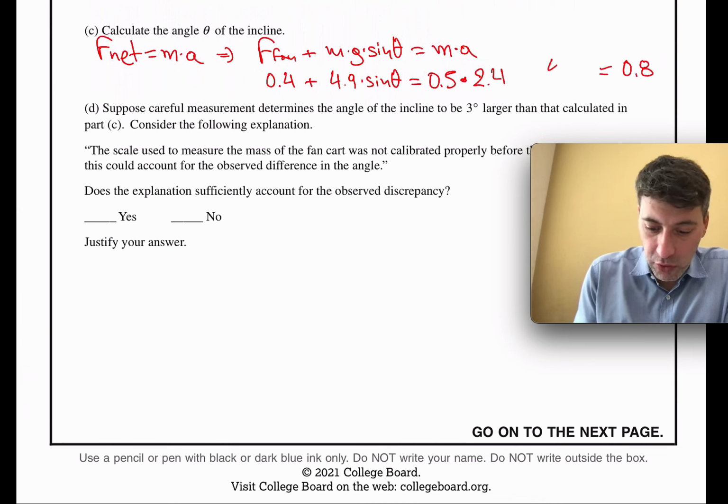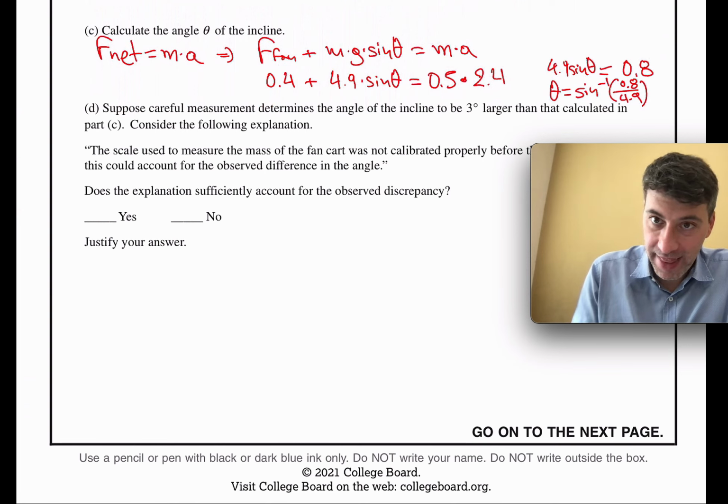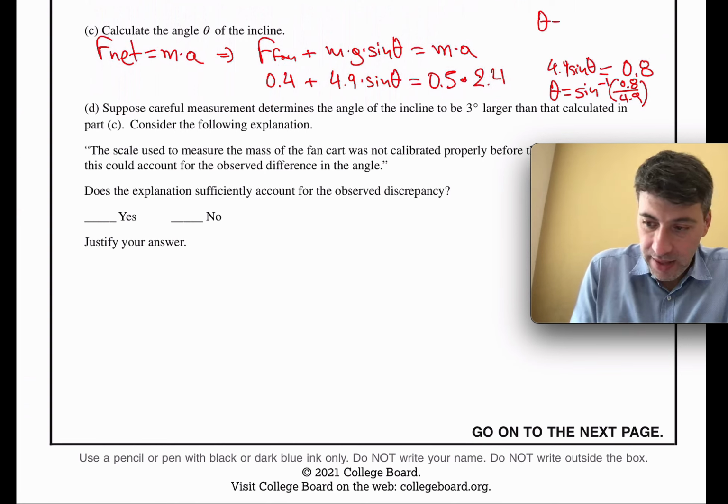It is equal to 4.9 sine theta. So the angle theta is inverse sine of 0.8 over 4.9. If we go to the calculator, inverse sine of 0.8 over 4.9, we get 9.39, so the angle theta is 9.4 degrees.